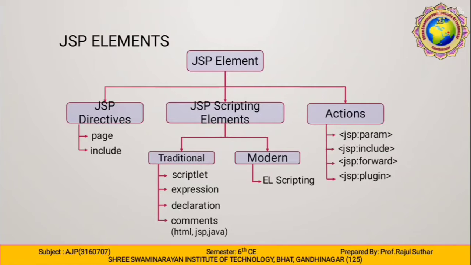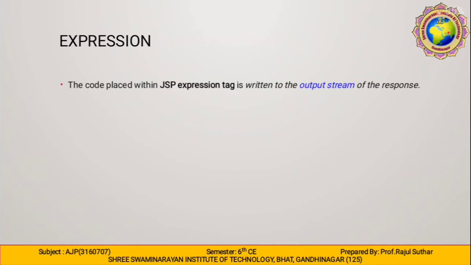Here, JSP directives and JSP scripting elements we have discussed previously. In this session we will discuss the expression tag. So how can we work with the expression tag? The code placed within the JSP expression tag is written to the output stream of the response.